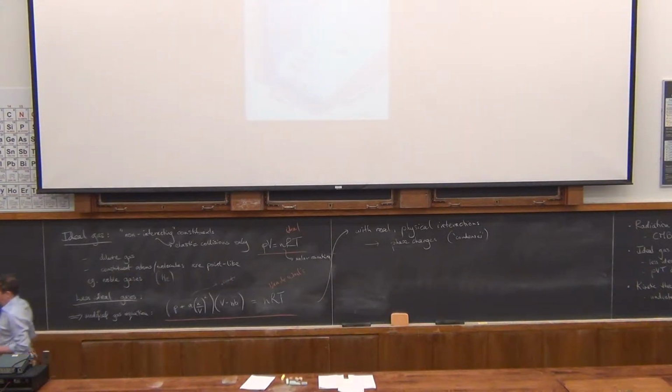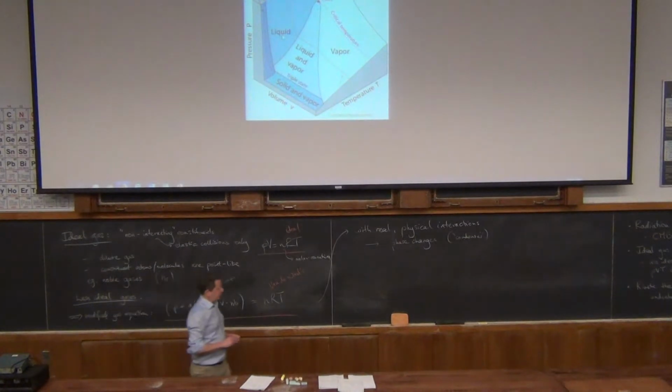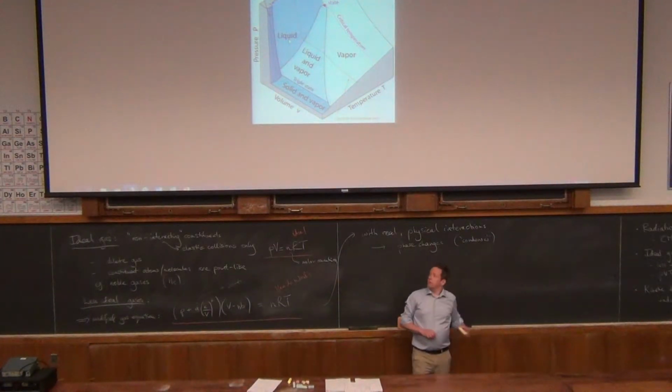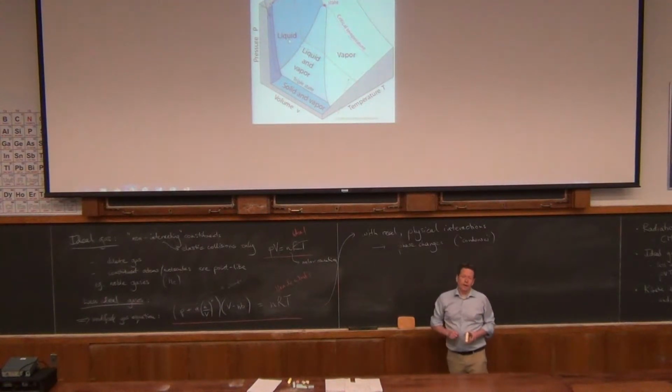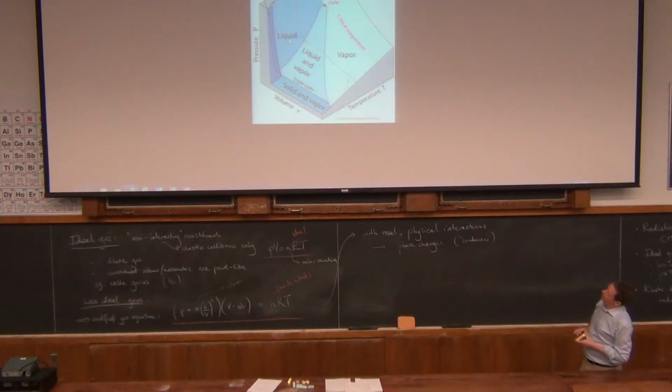What are we talking about when we talk about a phase or a state diagram? Again, we're still working in macroscopic variables: pressure, volume, and temperature. What we may be interested in doing is displaying the behavior of whatever chunk of material we have as a function of these three macroscopic parameters.